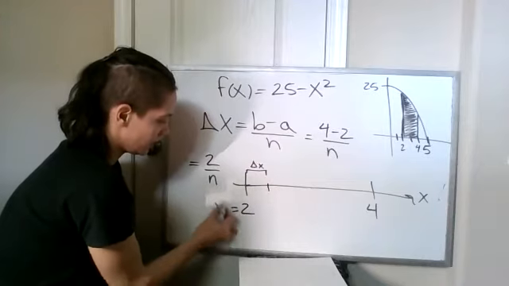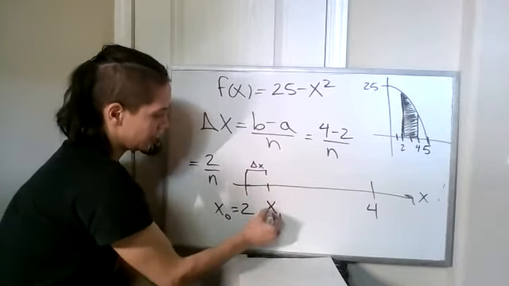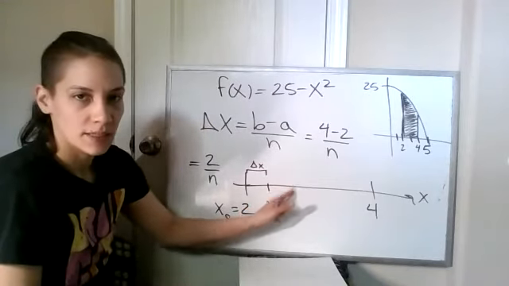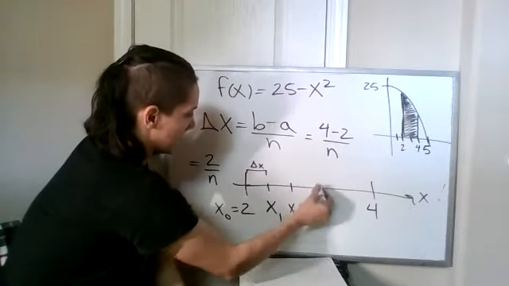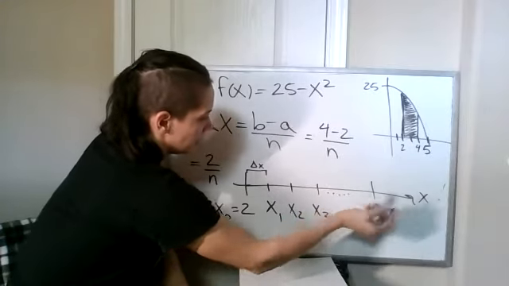So this is x1. Let's get you to x2. And then another delta x, x of 3.